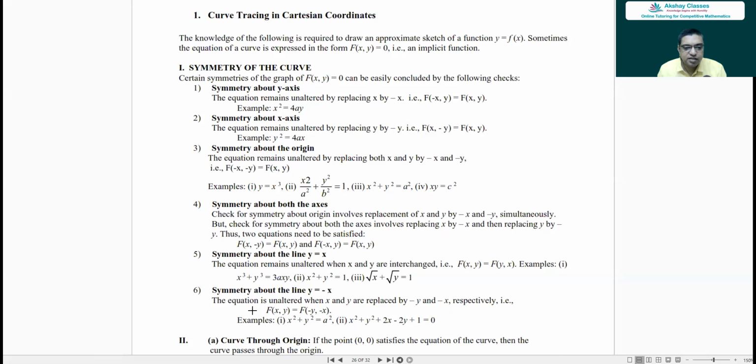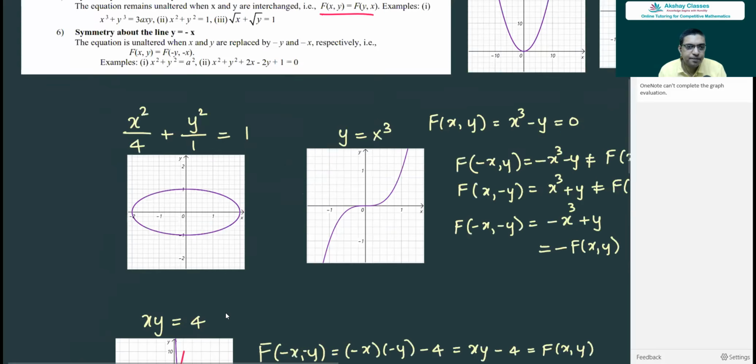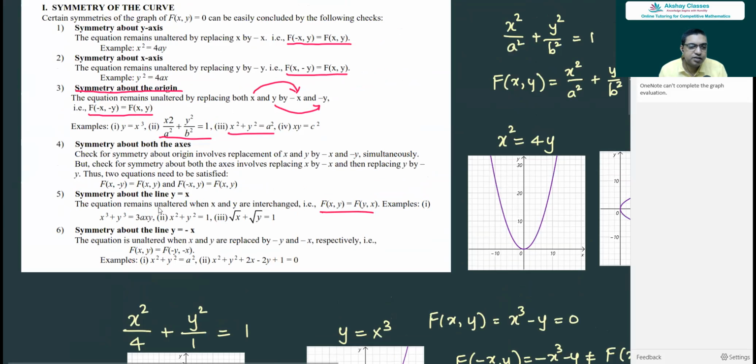Then the next result. Symmetry about the line y equal to minus x. Here in the previous case, we replaced x by y and y by x.